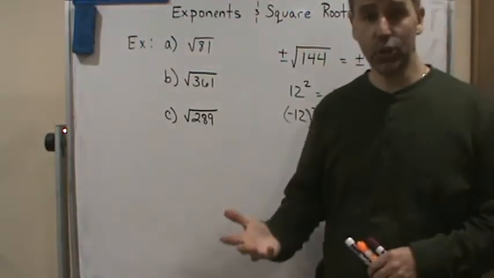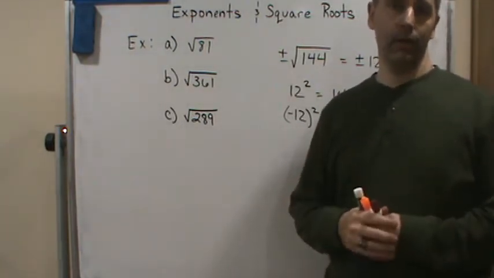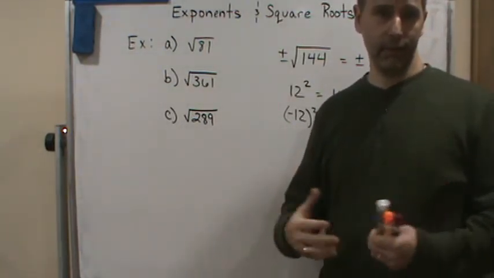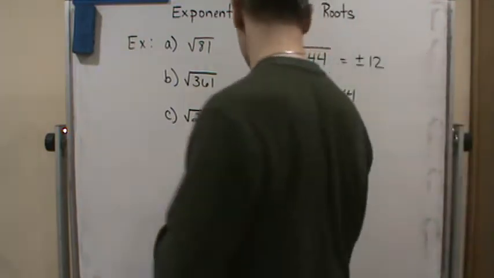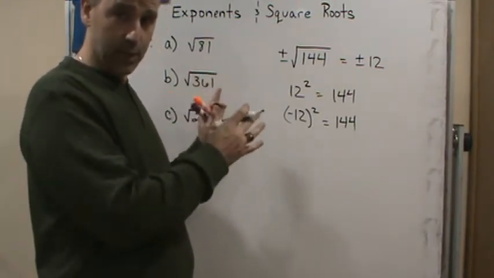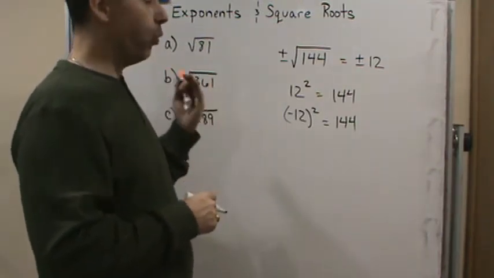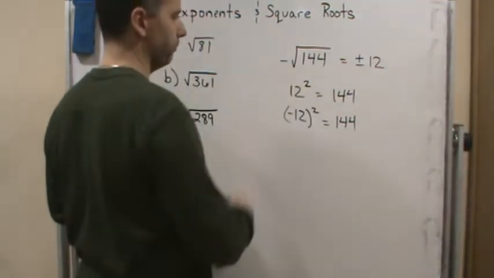Now, in the trades, we very rarely ever use negative square roots. Okay, now here's the thing. If we wanted, and this is for the textbook and anytime you see this, if we wanted the negative square root, we would just put the negative sign out in front.